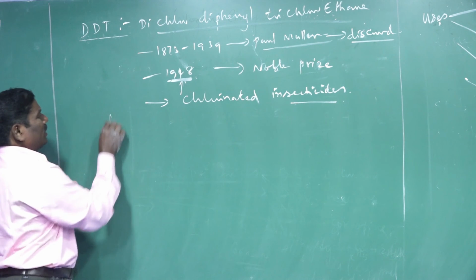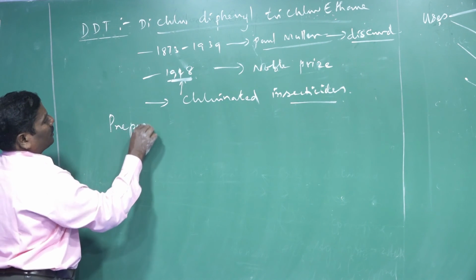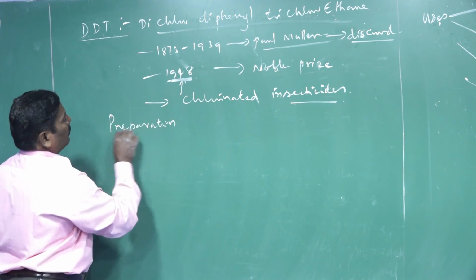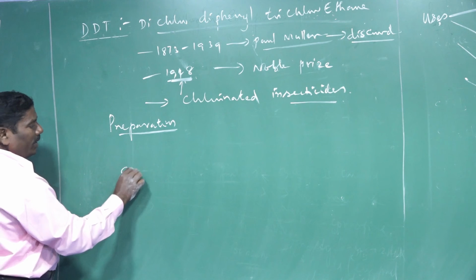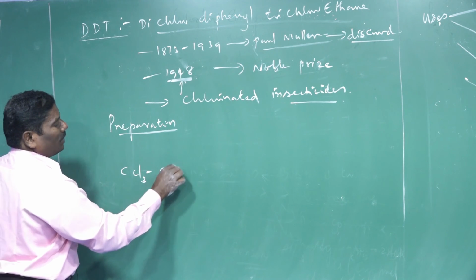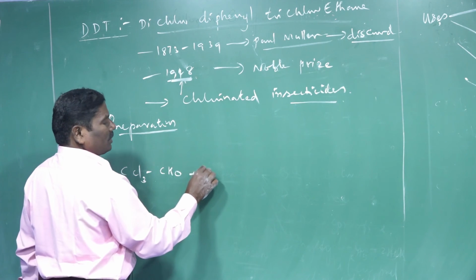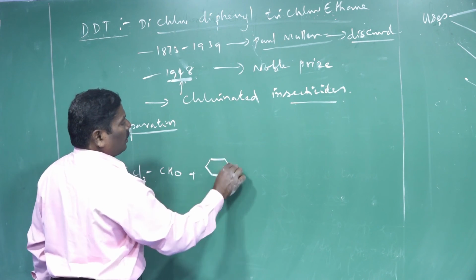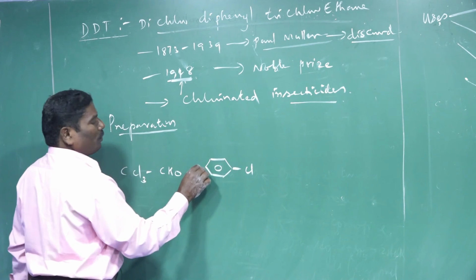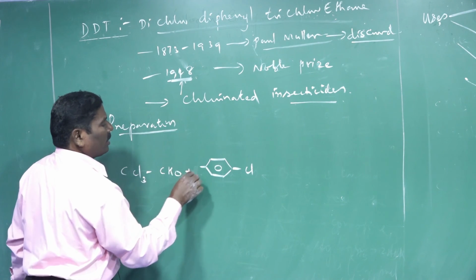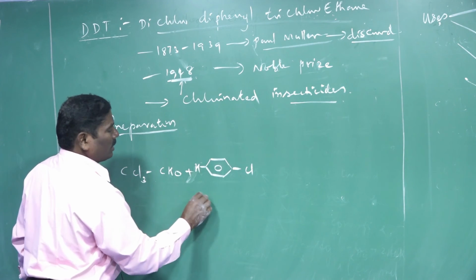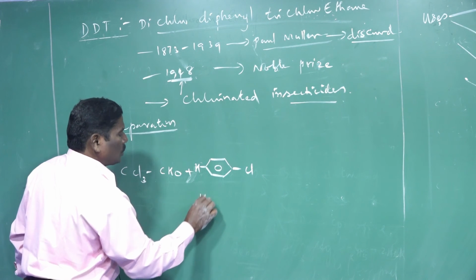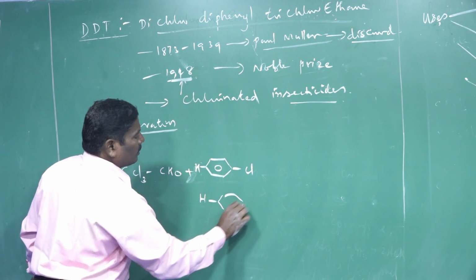So how to prepare this DDT? Now the preparation method. You take trichloroacetaldehyde. Now it is treated with two molecules of chlorobenzene.